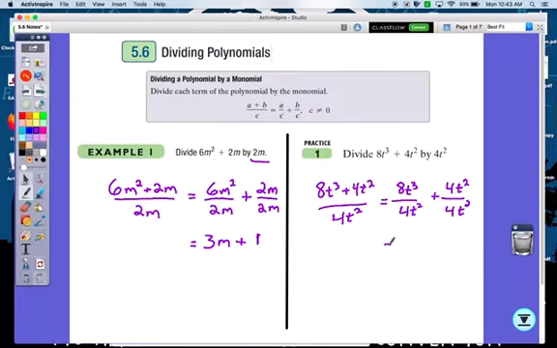On the first term, 8 divided by 4 is 2. On the exponents, you subtract. 3 minus 2 is 1, so t to the first. And then plus, and since the top and bottom are the same, that gives you 1.